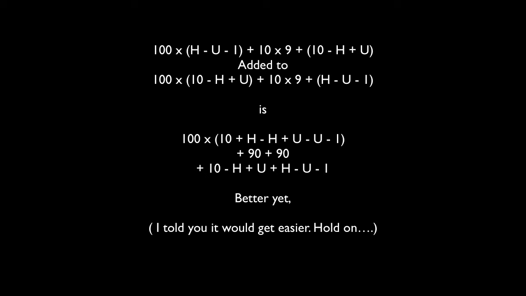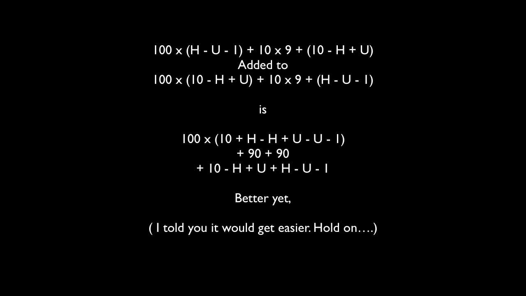100 times h minus u minus 1, plus 10 times 9, plus 10 minus h plus u, added to 100 times 10 minus h plus u, plus 10 times 9, plus h minus u minus 1, is 100 times 10 plus h minus u minus 1, plus 90 plus 90, plus 10 minus h plus u minus 1.